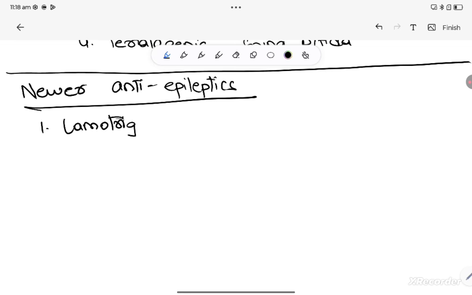See, lamotrigine is considered the safest anti-epileptic agent anywhere, and is one of the broad spectrum anti-epileptics. It mainly acts through sodium channel prolongation of the inactive phase. Fine, and is broad spectrum.